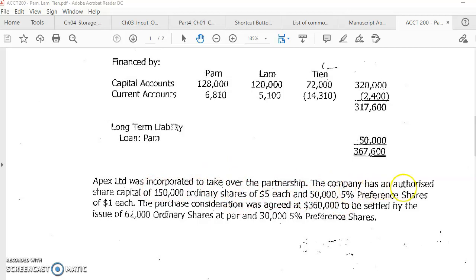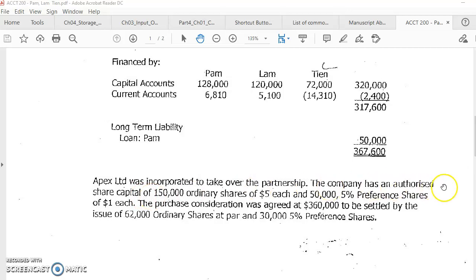Now, the company has an authorized share capital of $150,000 of ordinary shares of $5 each. So this $5 is the par value for the ordinary shares.